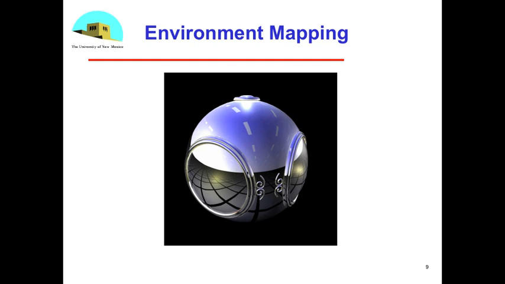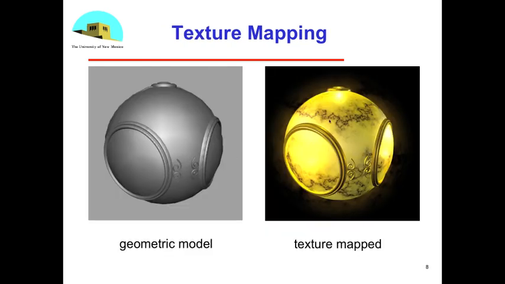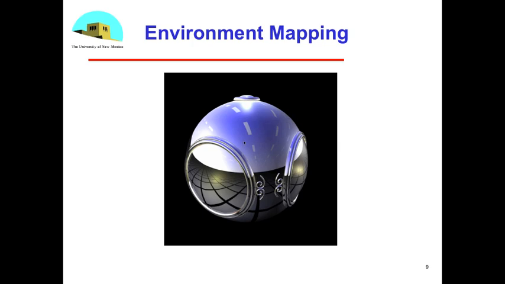And notice how this looks highly reflective, even though it's not been ray traced. Now notice here and in the previous one, these surfaces still look very smooth. If I move the light or rotate this ball, it'll really emphasize the fact that these are very smooth surfaces. And that may be what I wanted.